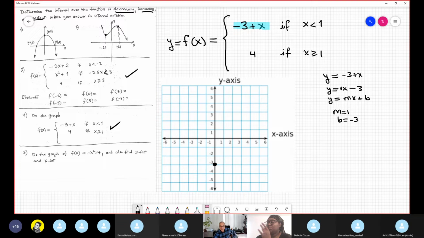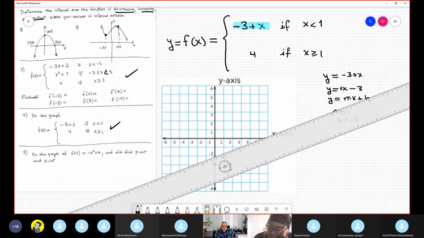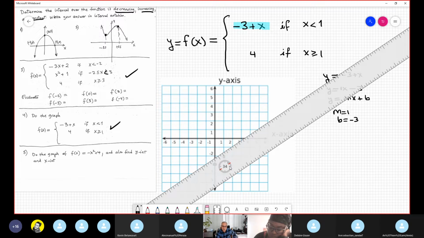Therefore, I apply the idea of run and rise, up to the positive and 1 point here. Rise and run, in this case 1, 1, because the slope is 1. And now, using my rule, I do the graph, 45 degrees, because the slope is 1.